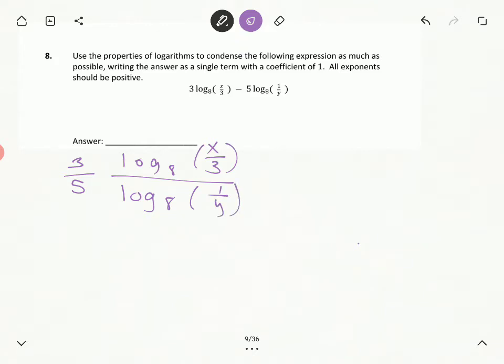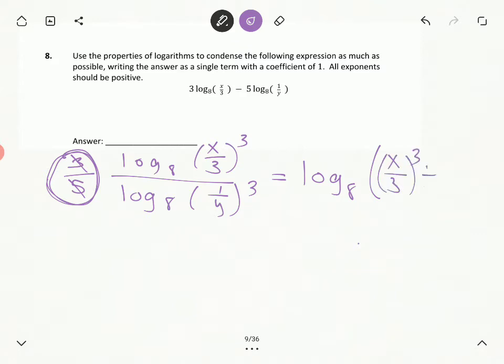So we have log base 8 of x to the 3rd, and then 3 to the 3rd is 27, times 1 to the 3rd is 1, and we have y to the 3rd because we're flipping that over 1, which gives us simply log base 8 of x to the 3rd. That is supposed to be a 7. Oh, it's supposed to be a 5.